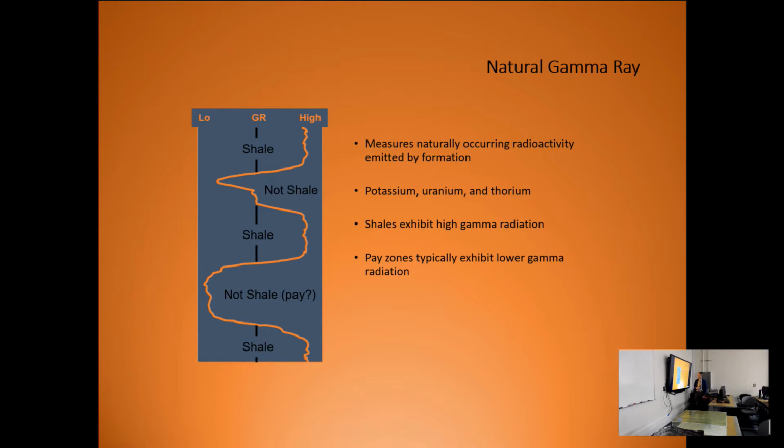Okay. So a generalization that's kind of dangerous, like a lot of generalizations, is that pay zones typically would have lower gamma radiation. Why? Because what makes a very good reservoir? A jar of marbles, right? Think about marbles stacked together. Oil can flow through it. The marbles form a nice matrix for the reservoir. How much of these elements do you have in marbles? Marbles being made out of glass or quartz, well, silicon dioxide, so there's none of that, none of these, right?